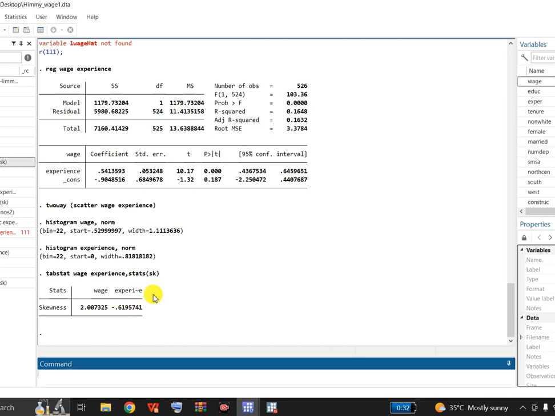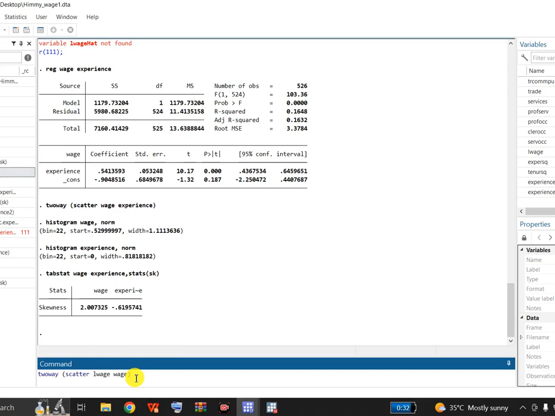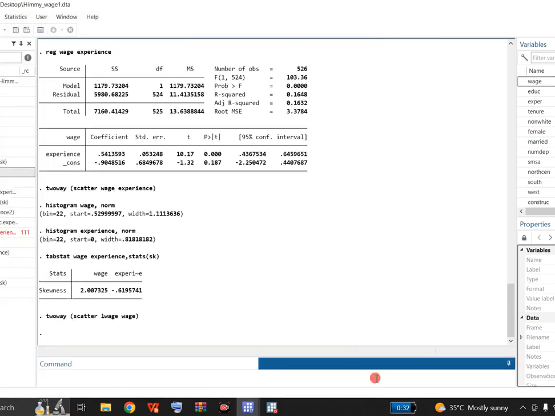So after that, let me check if I have already taken the log of wage. So I will check the two-way scatter of log wages and the wages, that is the log of wage against the actual wage rate. So this means that this relation is curvilinear. It's not linear. So this is one proof that the relationship is not linear.